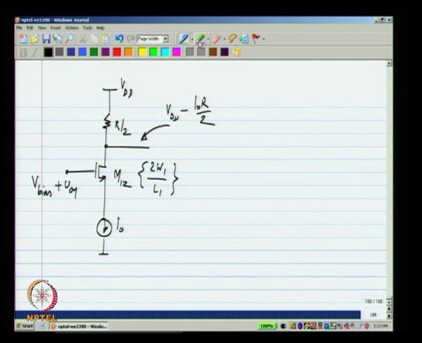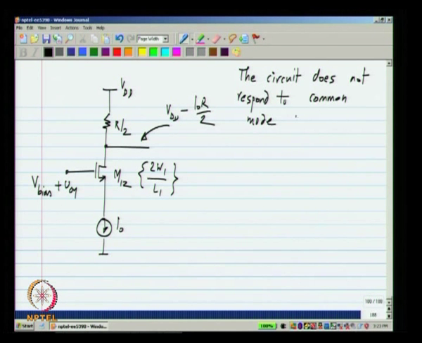So, this means that the circuit does not respond to common mode inputs.